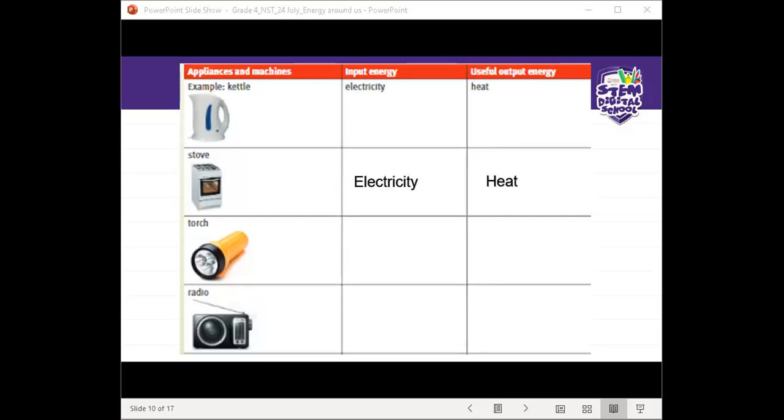Input energy. Remember, this is the energy that comes from a source. Electrical battery. The electrical battery makes the torch come on and off. Okay, and then what's the useful output energy? Light. All right, beautiful. Thank you very much, Bramlin.